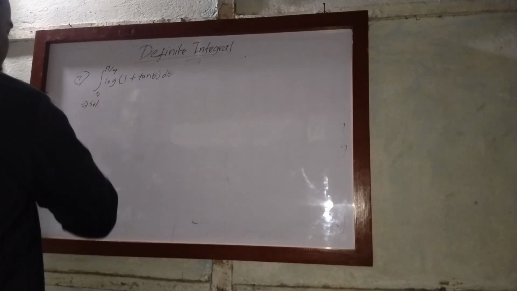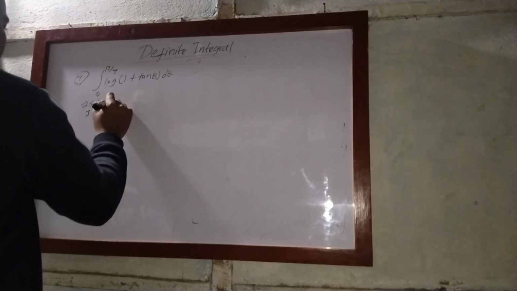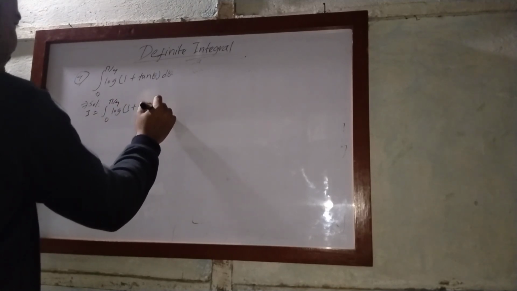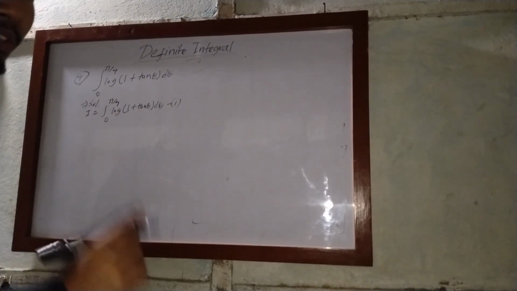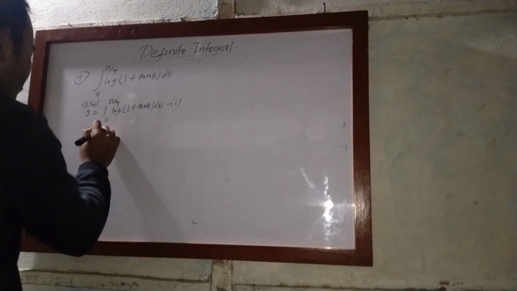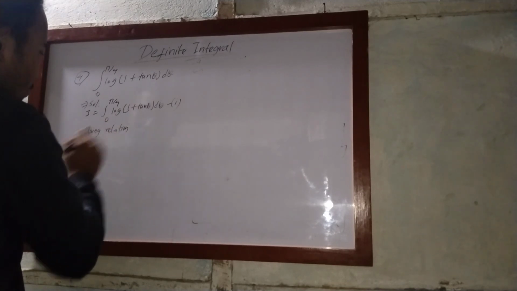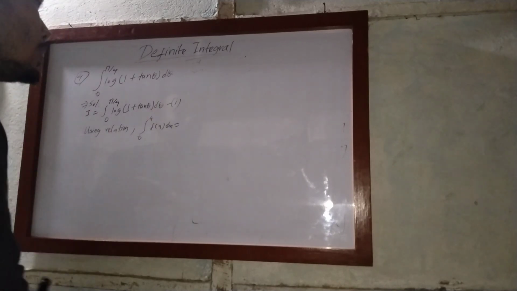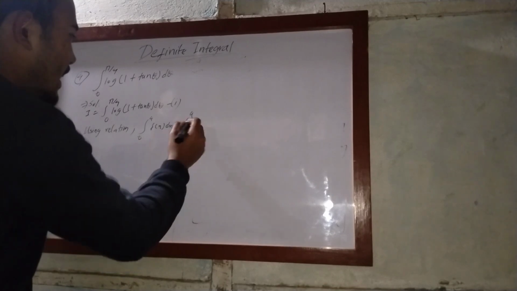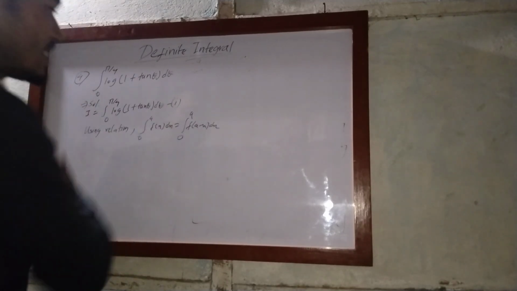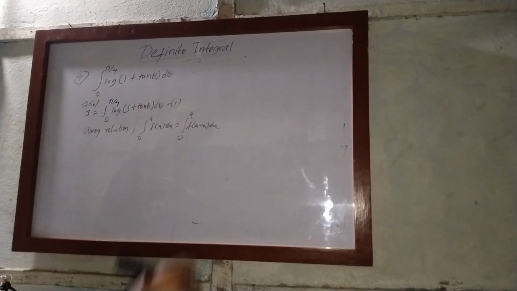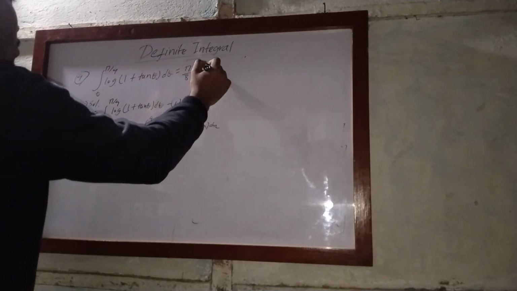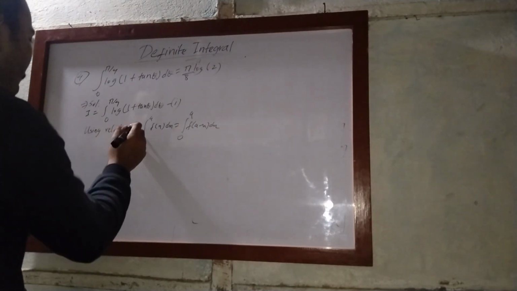Solution: I is equal to the integral from 0 to pi by 4 of log(1 plus tan theta) d theta, equation I. Now using the definite integral property, that the integral of f(x) dx from 0 to a is equal to the integral from 0 to a of f(a minus x) dx, with this relation we will prove pi by 8 log 2.